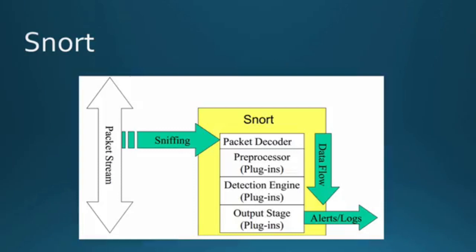Snort has a specific process it uses, and in order to understand how Snort works, we have to look at the process. The packet stream, you're going to get that from a number of different sources. That could be on the system itself, it could be inline sniffing, or it could be from a network tap, like a fiber tap, which is passive, or it could be an active feed from something like a span port on a switch.